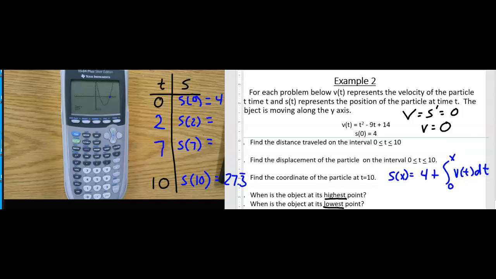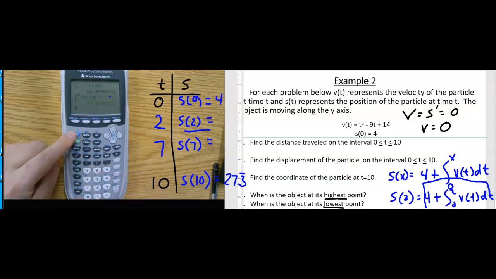Okay? So if you wanted to find, for instance, s of 2, then you would be plugging 2 in here like this. And once again, we're just going to let our calculator do that work for us. So I'm going to type this function into my calculator. Second, quit.